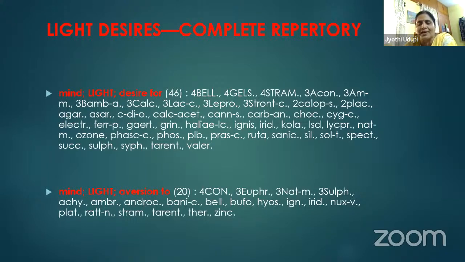Only after attending so many other methods, when we were upgrading ourselves, we understood that mind, light, desire for can be used for people who are interested in learning more, who want to gain some knowledge. If it is only a light desire, you get only these remedies. But if you want to use this rubric for knowledge desire or wanting to know new things, then you go for row 5 also. If you have a light aversion, then you may not want to learn new things. So this is just the message which Dr. Harinath had put. Only if you want to learn new things, then you understand each rubric has other things also.